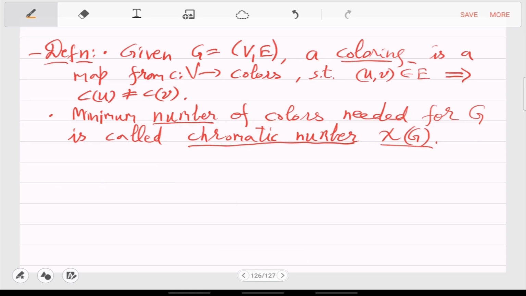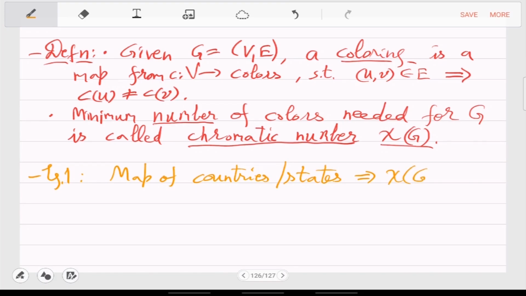Okay, so for example, if you look at a map of countries or states, then the corresponding graph, this I had stated, this is a major theorem in graph theory, that a graph that comes from a political map can always be colored with 4 colors.